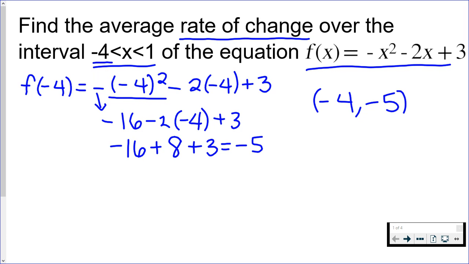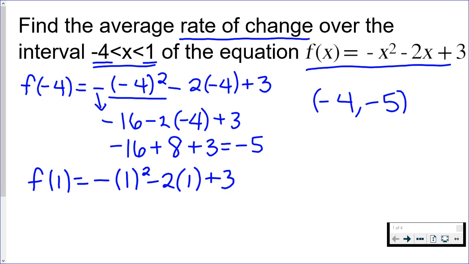I'm going to do the same thing with the other x value on my interval, which is 1. And then again, be careful in the beginning. That negative has nothing to do with the 1 with the exponent attached to it. The 2 is only going to the 1 inside.